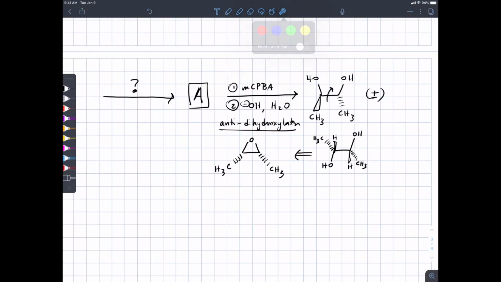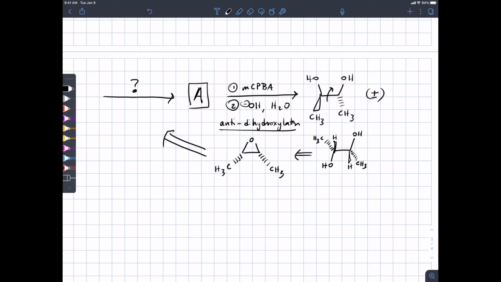Conceptually, I have to think backwards. I'm going to pull this oxygen off, push this one over, and make a new bond there. The hydrogen and the methyl group are going to angle now downward. Then once I get here, it can become clear what my alkene starting material was.